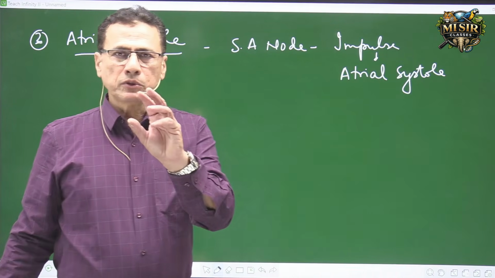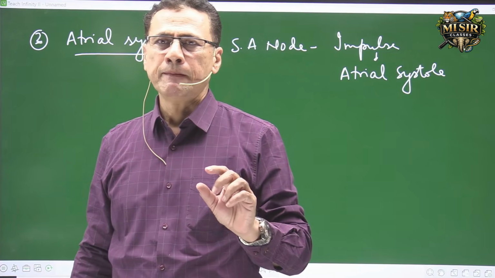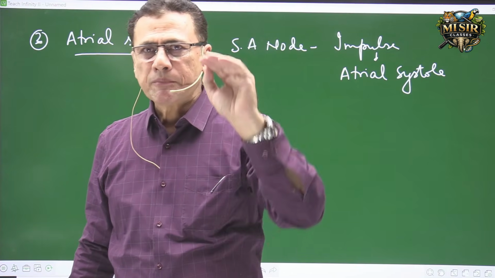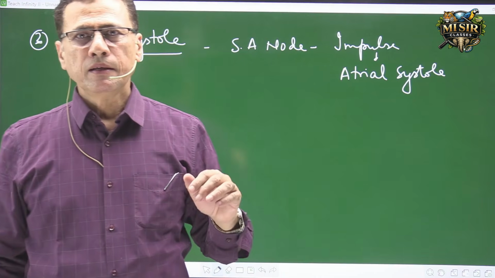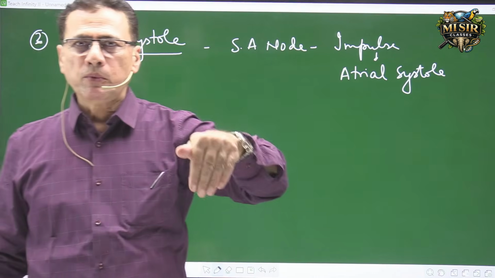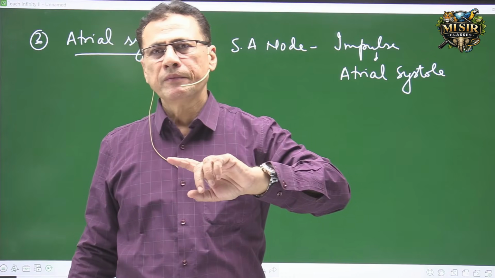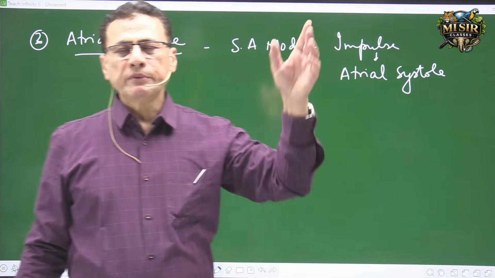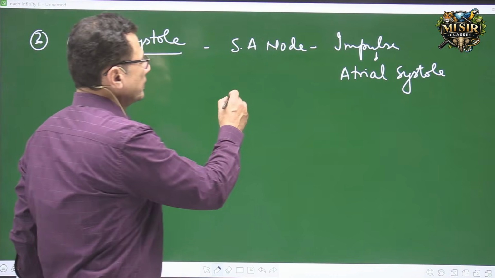Now there are 2 or 3 questions which have been framed at this point. 70% of the blood which is arriving into the atria is passively flown from both the atria to the ventricles. And the remaining 30% of the blood is pumped from atria to ventricles by atrial systole.